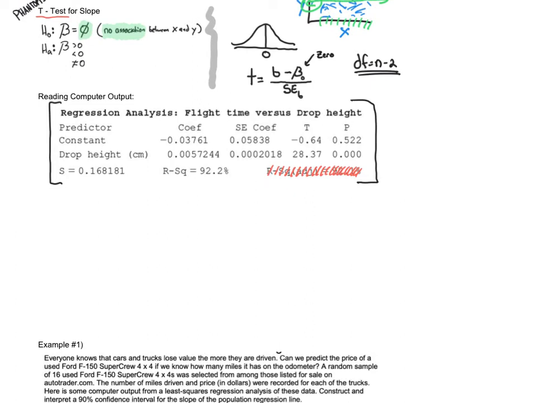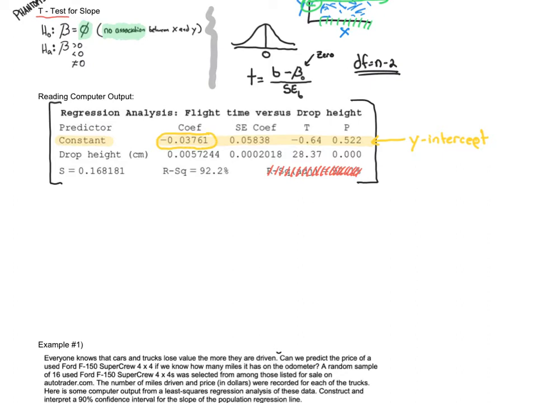Okay, so first listed, the word constant. This row of stuff is all for the y-intercept. So all of this belongs to the y-intercept. Matter of fact, the coefficient itself is the y-intercept itself.